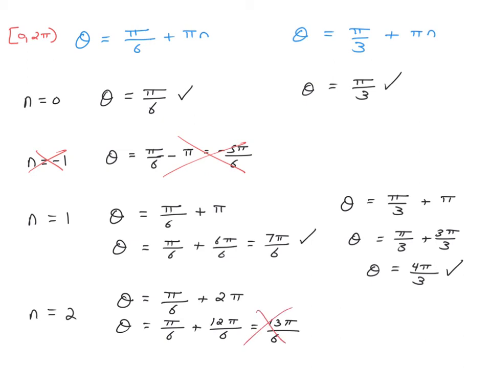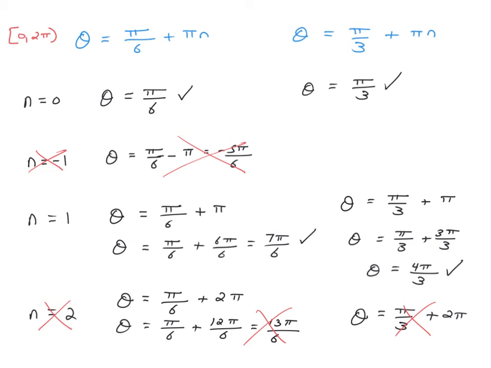This is outside of this interval. And I think the same thing is going to happen with this equation too, without doing any work, right? If you do theta is equal to pi over 3, I mean, if you add 2 pi, you're already past 2 pi. I don't have to simplify this any further. That's not going to work. In fact, n equals 2 is no good.